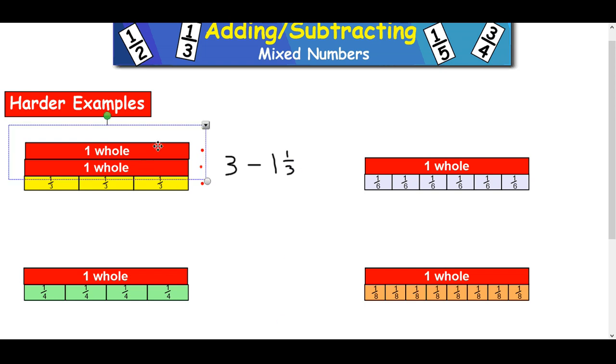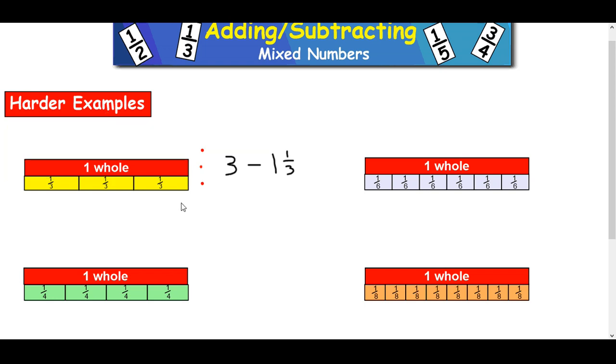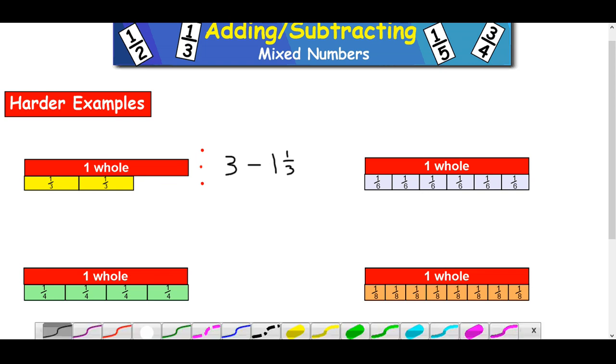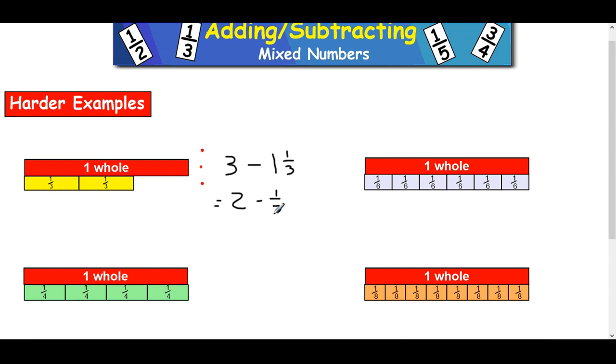Well, I would remove one of these, and I would remove a third. So the answer you'd be left with is 1 2/3. So you could think of it this way. You could say, well, okay, 3 take away 1 is 2, and then I want to take away the third, which is 1 2/3.